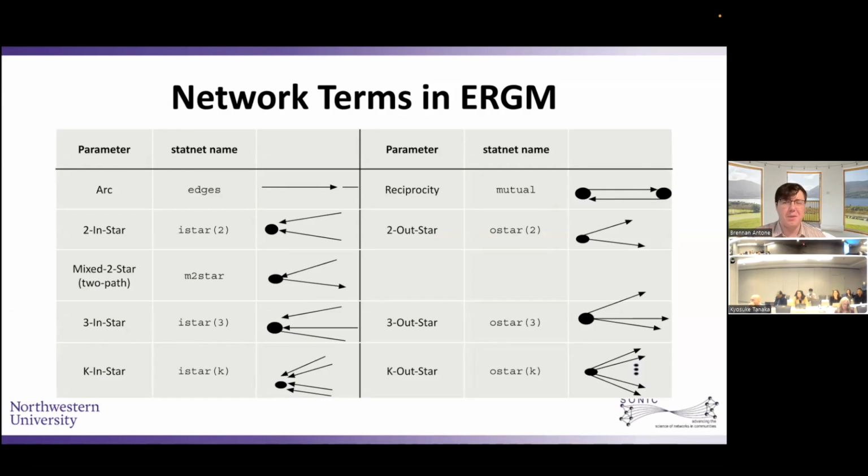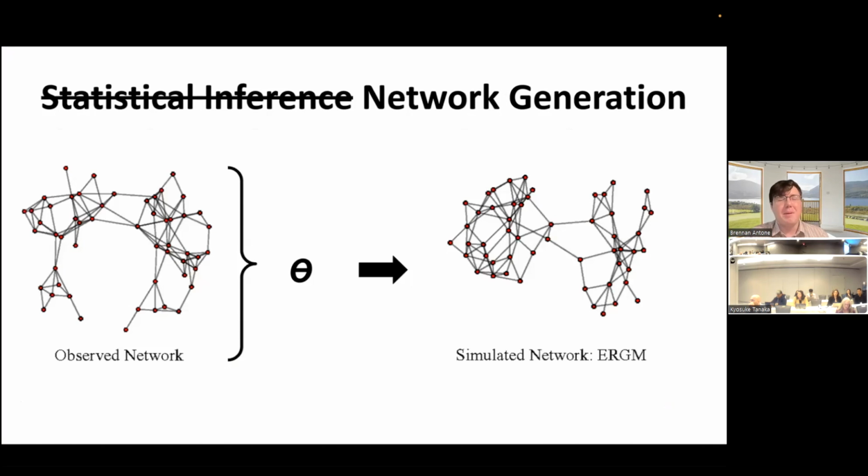So how do we help learners develop intuitions about what these terms represent or how to put them together into a model? That's where we came up with the idea of using the thetas, the coefficients in the model, to simulate new networks. That's something that's already done in the Monte Carlo maximum likelihood estimation process for ERGM.